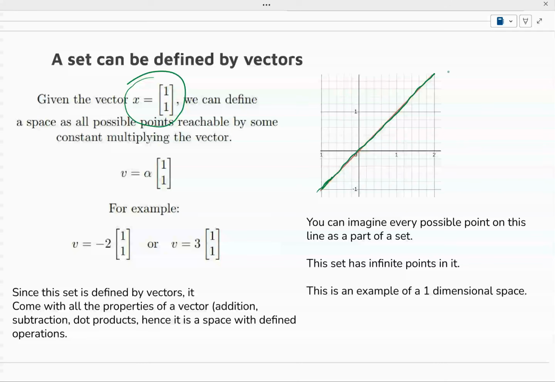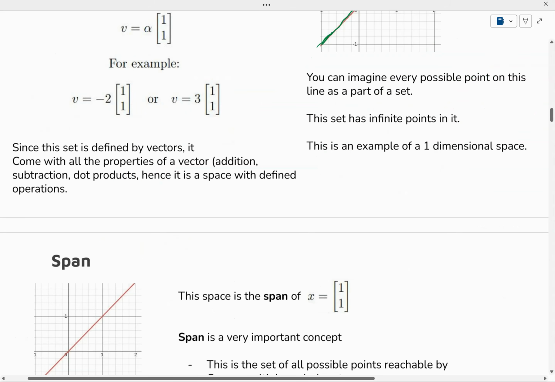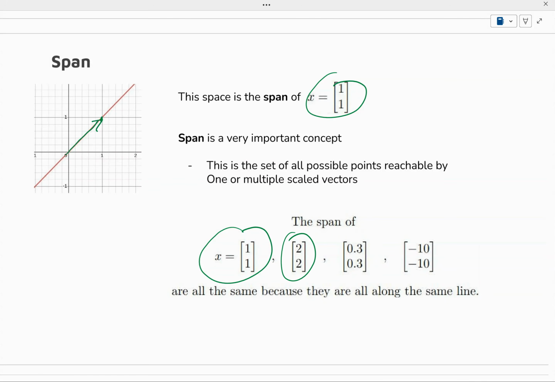Now, this space has a special name. The space that's reachable by a vector is called span. So when we talk about span, that's a space created by vectors. So, for example, 1, 1 is in the span because you can reach it. 2, 2 is also in the span because if you just multiply 1, 1, you stretch it a little bit, then you can reach this point.